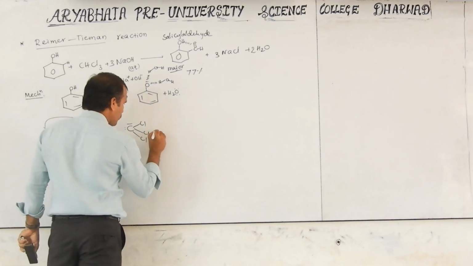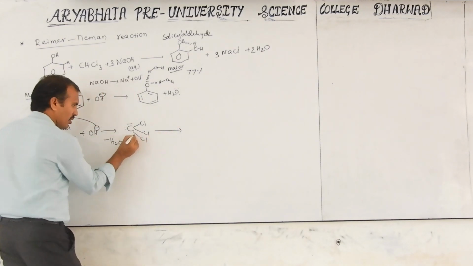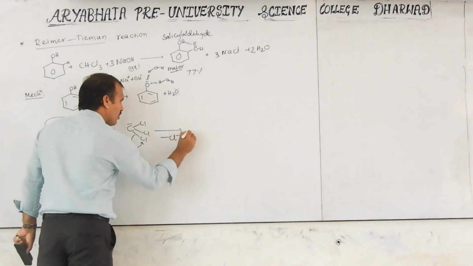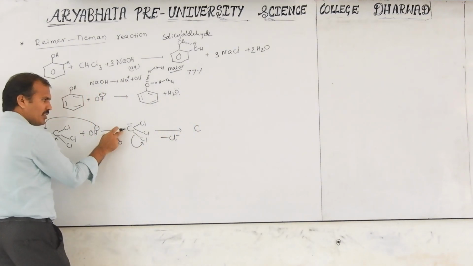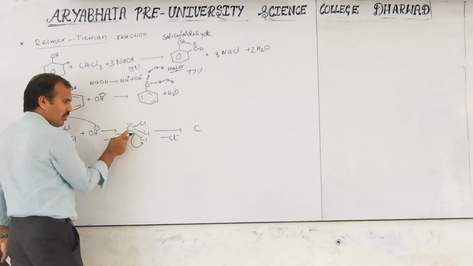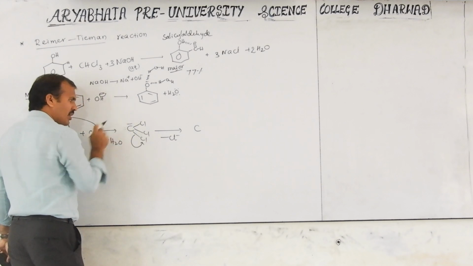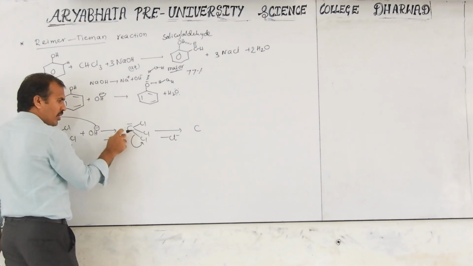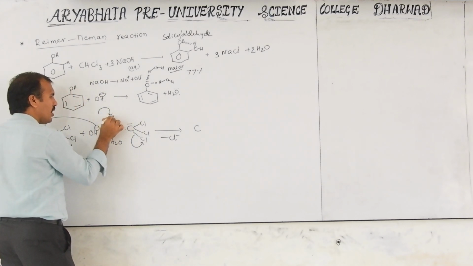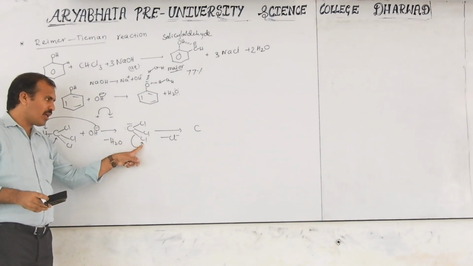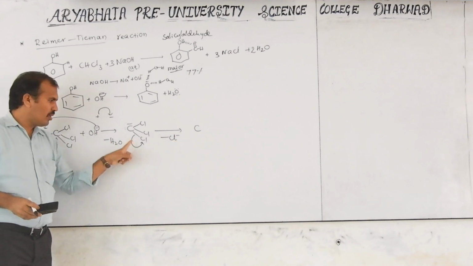Next, again, this one loses chlorine, Cl minus. Carefully observe, here plus, here minus. Already told you, where it goes negative, from where it comes plus. Carbon gets plus, chlorine gets negative.